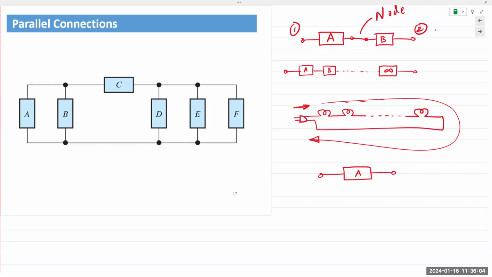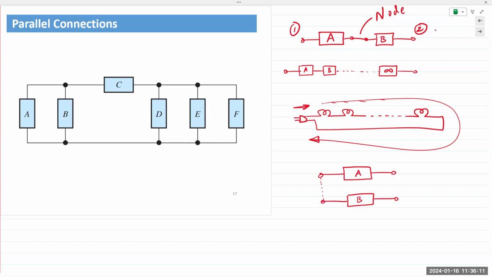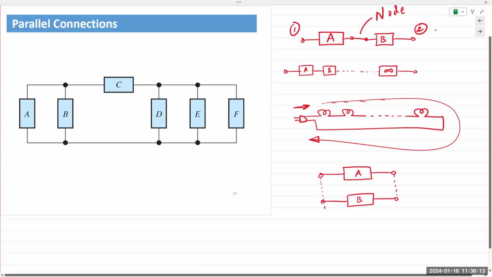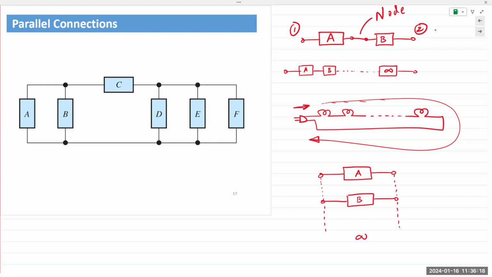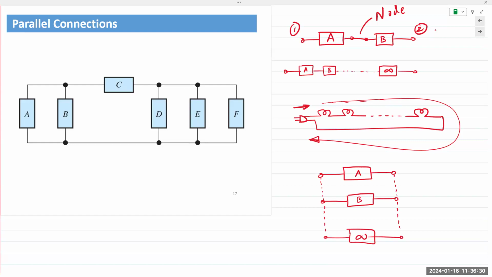If you have two or more elements all connected by their respective terminals to each other, and the number could go to infinity, they are said to be in parallel with each other. Similar to series, you can have an infinite number of elements in parallel.